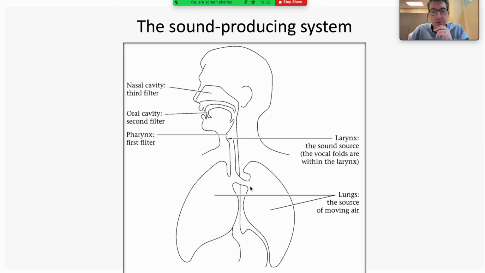When the air is transmitted from the lungs, it goes into the windpipe, then through the larynx, where our vocal folds are, then through the pharynx and further into the oral cavity, and the nasal cavity if we let it go there to make a nasal sound such as m or n.